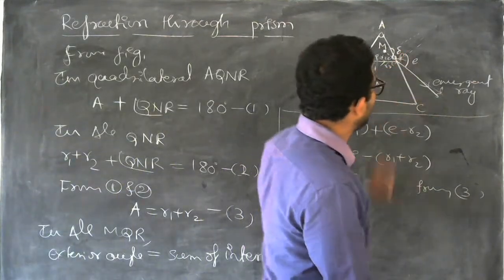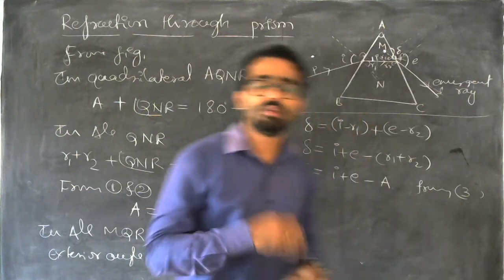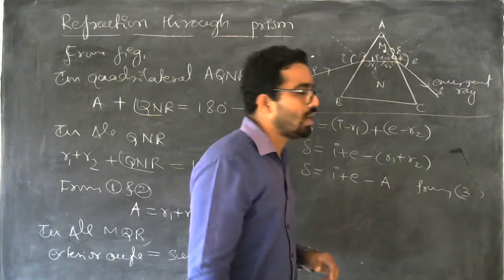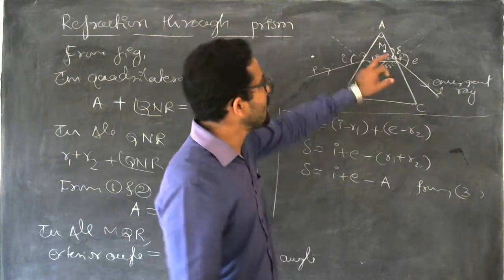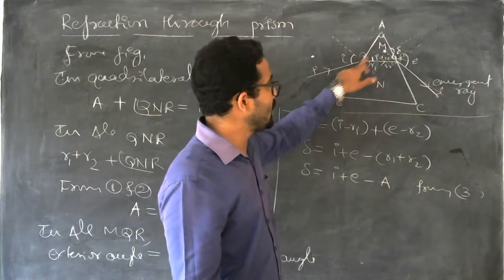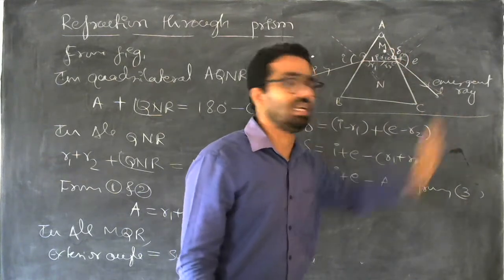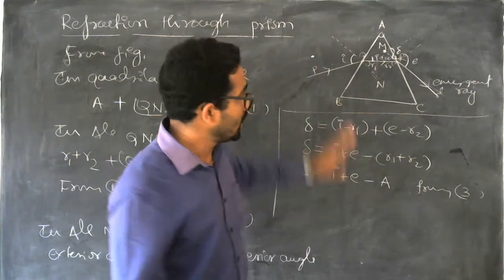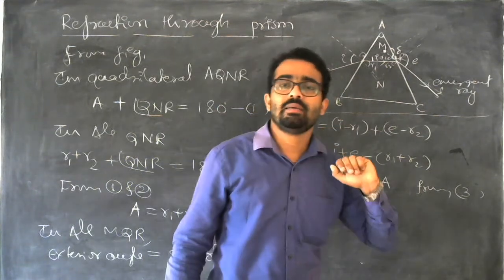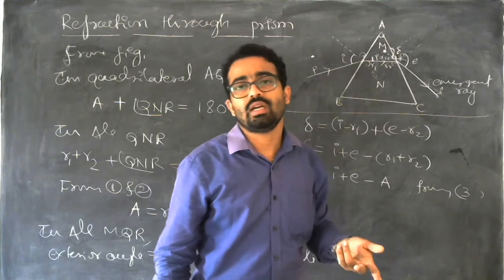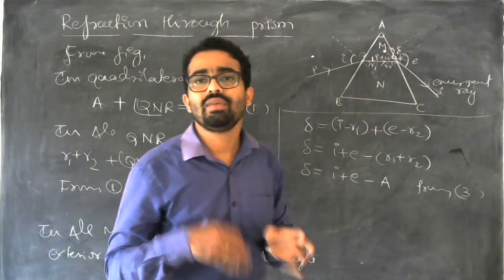I gave an introduction about the angle of deviation, that it is the angle between the incident ray direction and emergent ray direction. That means the incident ray is deviating by an angle.